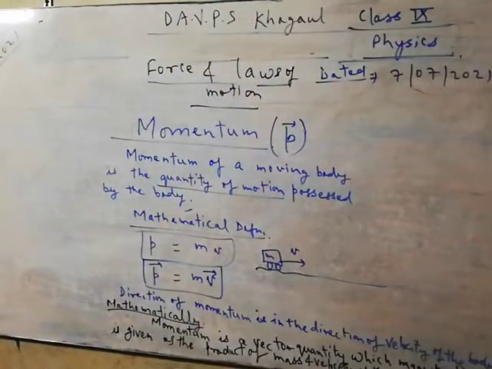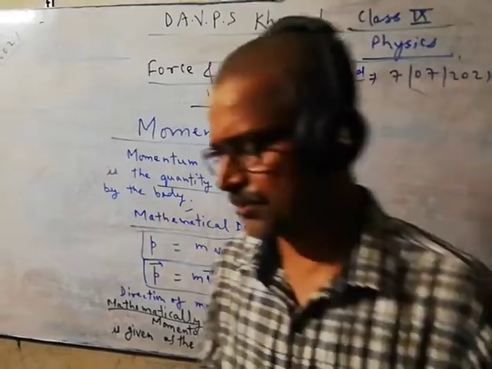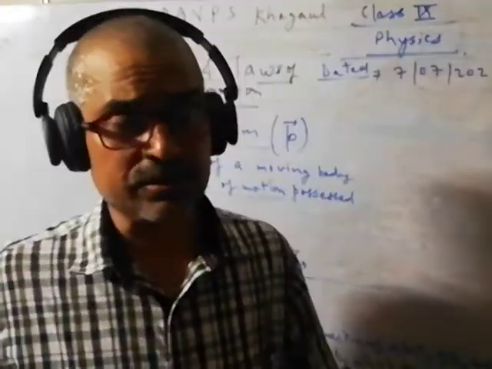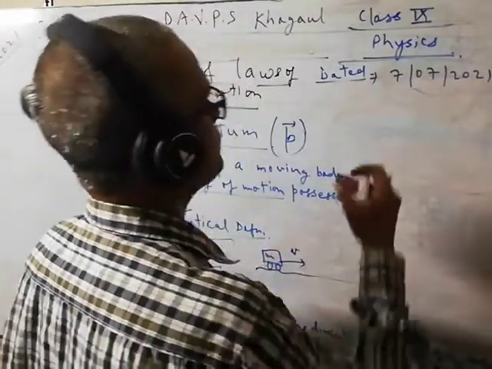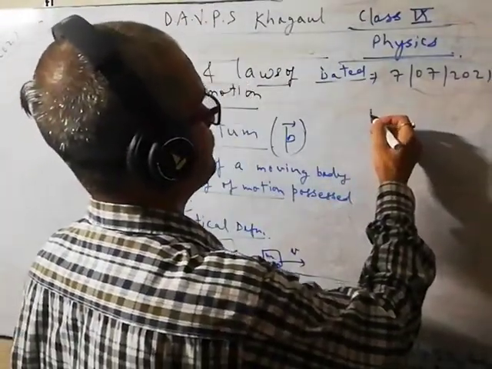In the first chapter, you got many ideas of graphs in the motion chapter, like velocity-time graph, distance-time graph, displacement-time graph. So here also we can represent momentum by graph.